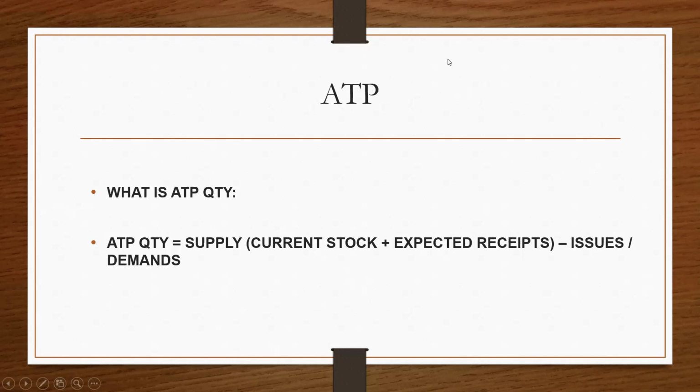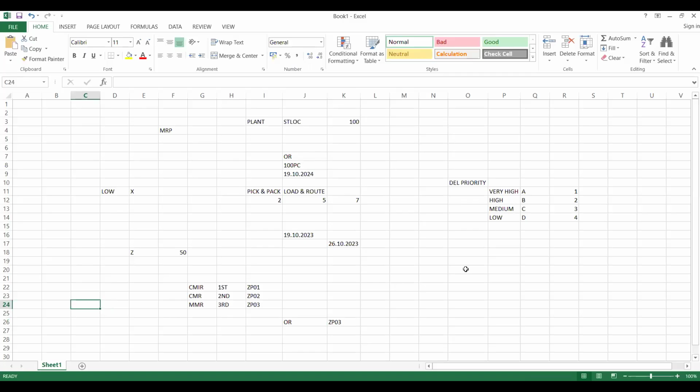I'll tell you a simple example. Say you have 100 quantity in inventory. You got sales order one, which is for 50 quantity. You got sales order two, which is for 100 quantity. Like that you have two sales orders.